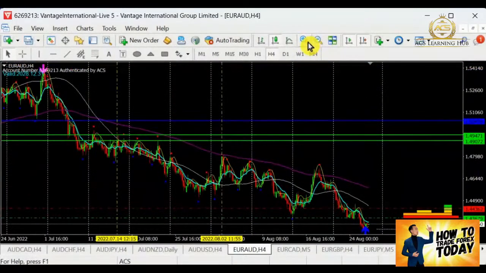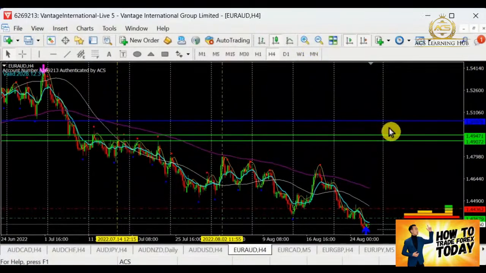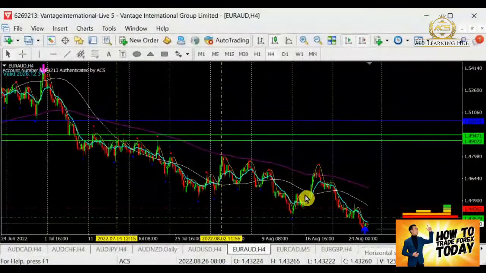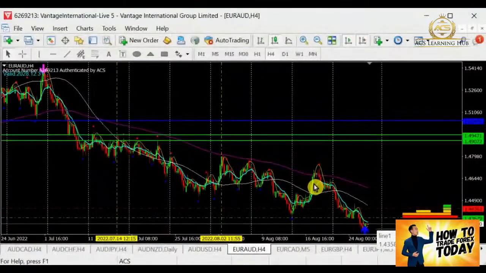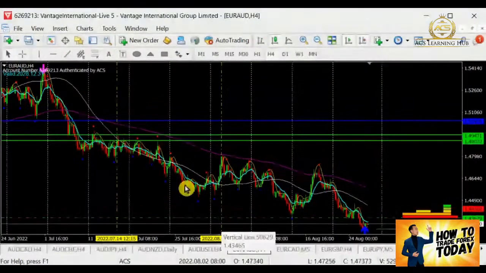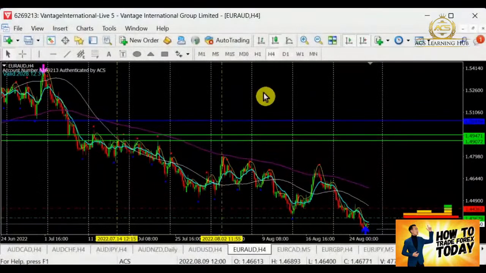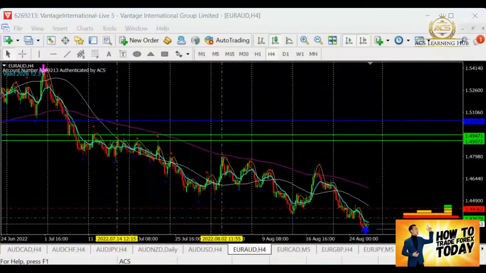The support remains the same, whereby we are looking out for a retesting of the previous support, which will get resisted. As a resistance, then we start selling. So Euro Aussie is still good to sell. We are still in the downward trending market, so I think this is still good. Euro Aussie, I'm going to put this into my watch list.